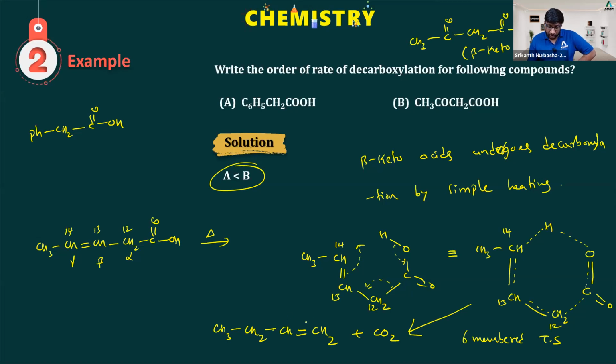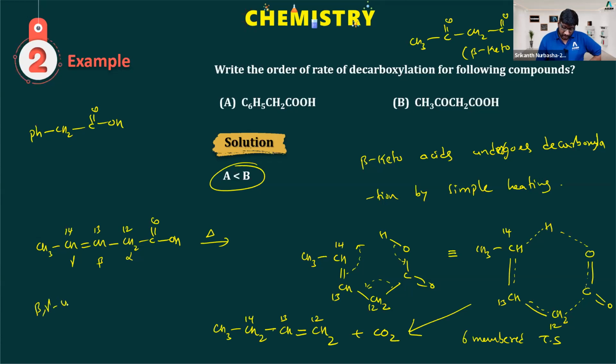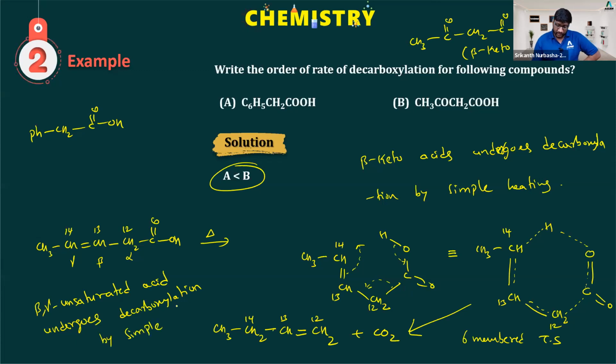Now the double bond is between 12 and 13. So the double bond has been shifted. Beta gamma unsaturated acids undergo decarboxylation by simple heating, similar to beta keto acids.